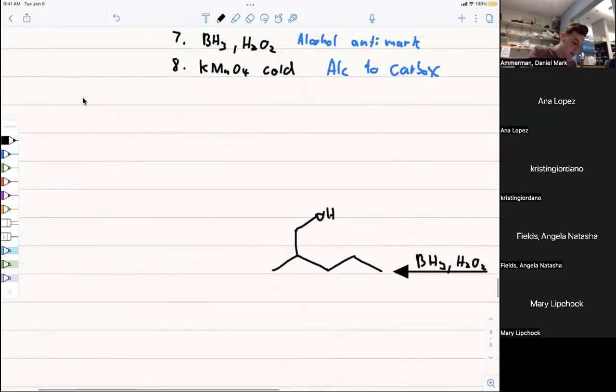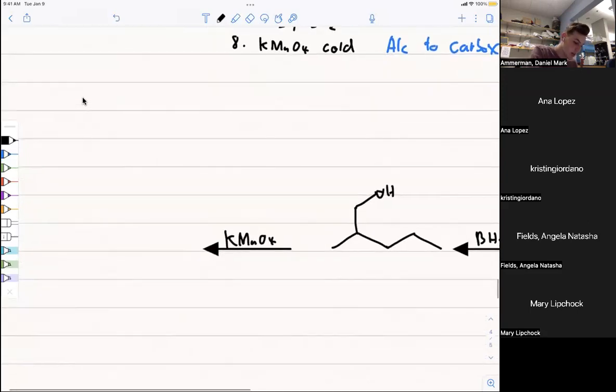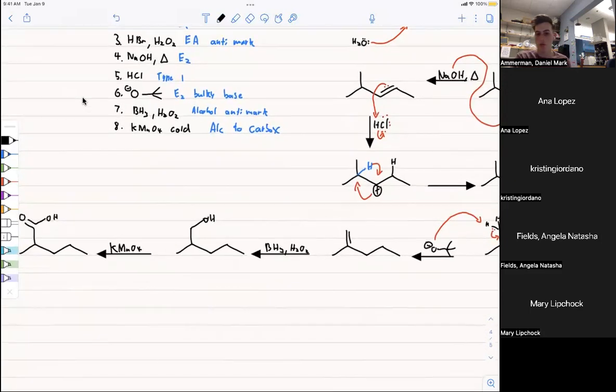And then our last thing is KMnO4 cold. And this is just going to make it into a carboxylic acid. And that should have been your product.